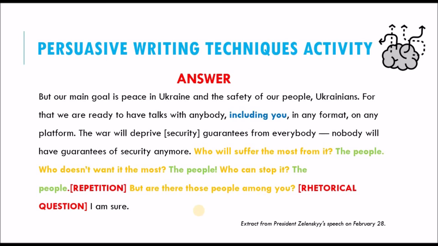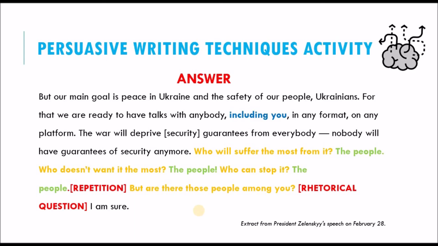The emphasis on the people, the repetition of "the people," is also pulling on the emotions of the audience to say, hey, we need your help. We need you to stand up. So hopefully, comment below. Let us know how many devices you were able to identify. Did you see it? Do you understand?